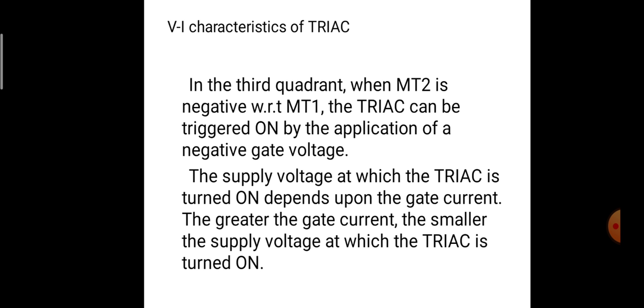In the third quadrant, when MT2 is negative with respect to MT1, the triac can be triggered on by the application of a negative gate voltage. The supply voltage at which the triac is turned on depends upon the gate current. The greater the gate current, the smaller the supply voltage at which the triac is turned on.